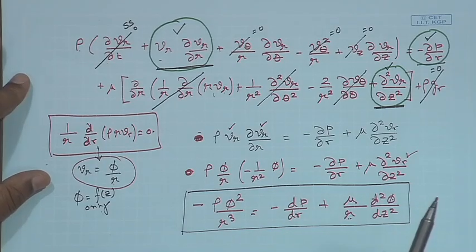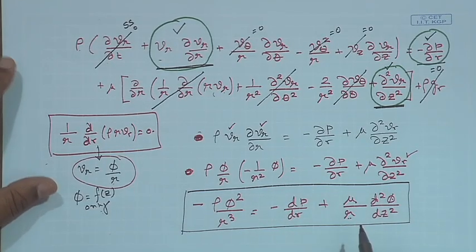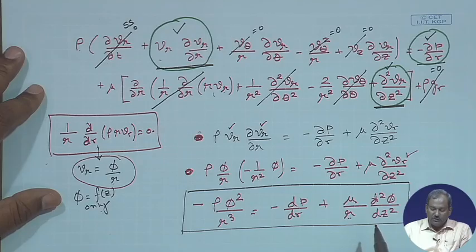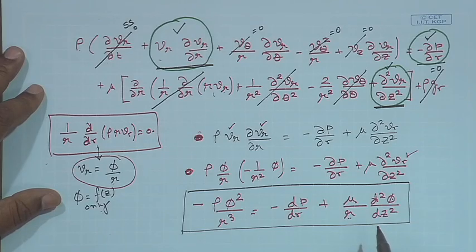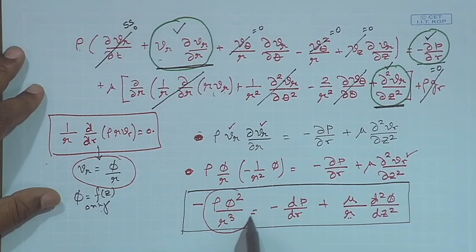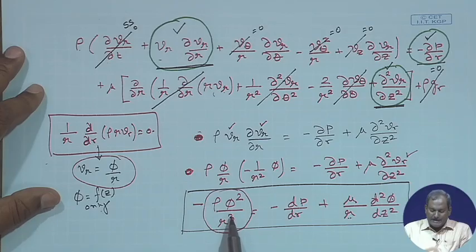The problem with this specific equation is that it's nonlinear. The nonlinearity comes because of the presence of this term on the left hand side. Since the presence of this term makes it nonlinear, there is no way to obtain an analytic solution for this case.